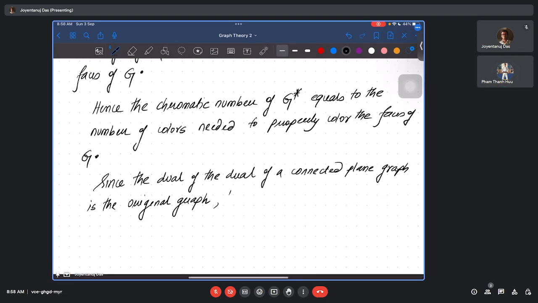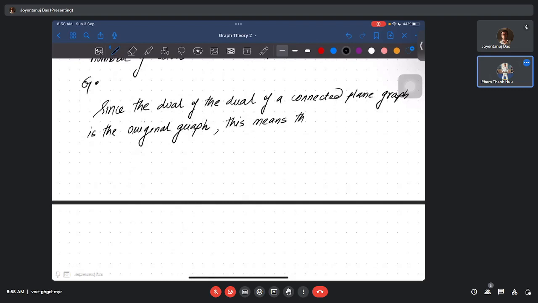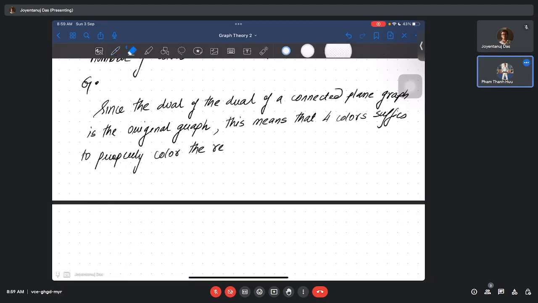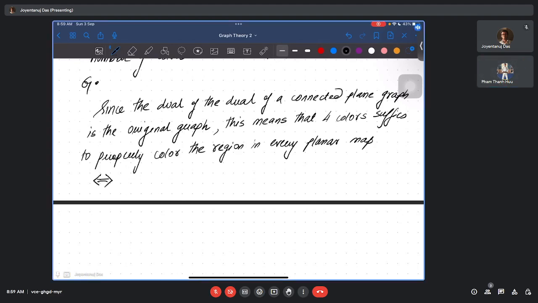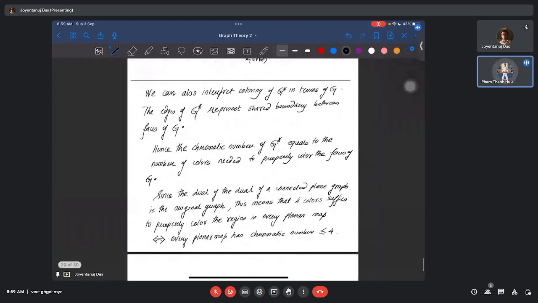This means that four colors suffice to properly color the regions in every planar map if and only if every planar graph has chromatic number at most 4, right? So up to this part is clear, right?